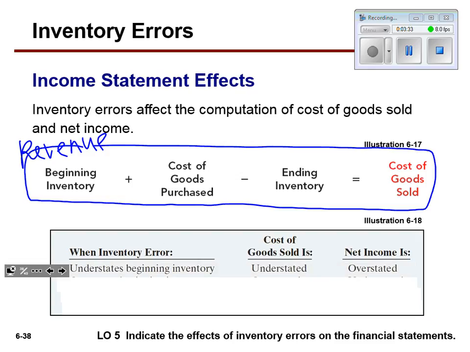If inventory is understated, so in other words, we have more than what we say we do and it's understated, cost of goods sold is going to be understated.